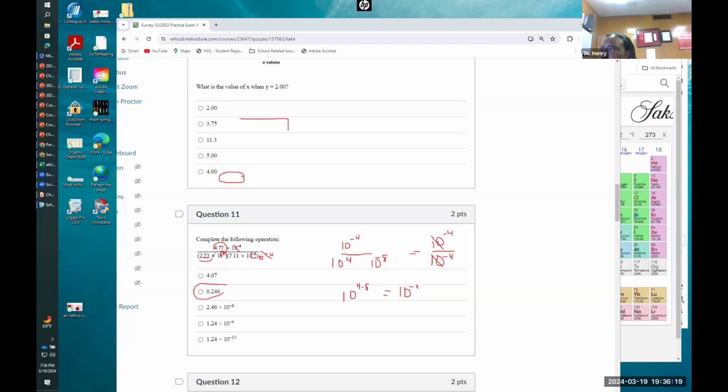In other words, we're just left with these numbers. So you just type in 4.77 divided by 2.73, and then divide that by 7.11. Okay. And what do you end up with?